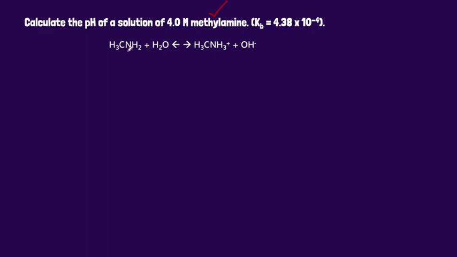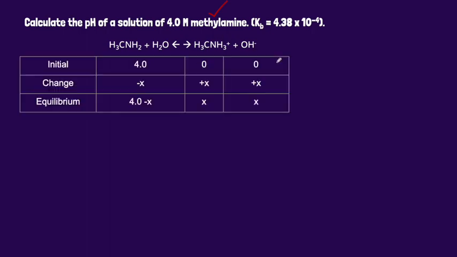I can see that this went from H3CNH2 to H3CNH3 ion, and water is just left as hydroxide. I'm going to put up my ice table. 4 for this, zeros for that, and then an unknown X was deducted, unknown X and all of that.